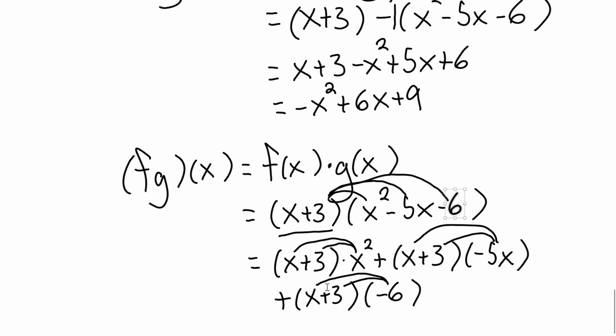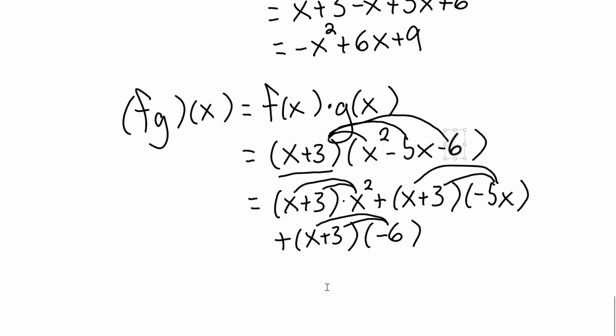So this is an extension of what we sometimes call foiling, if you want to look into that, but that's specifically when we have two of these parentheses with 2 terms. Here we have a 2-term and a 3-term one, but it's just an extension of that. Okay, but ultimately we're just doing the distributive property either way.